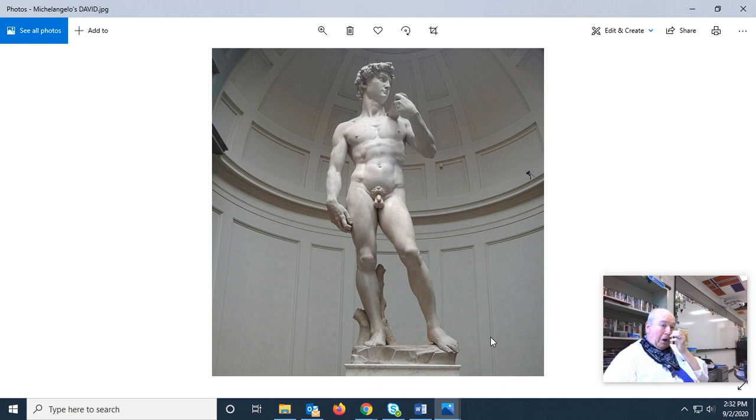One wrong strike of a chisel, because he uses basically 3 tools: chisel, hammer, and file, sandpaper. And he creates this very finely crafted work, all made of one piece of rock. It took him 2 years, I believe, to finish this.